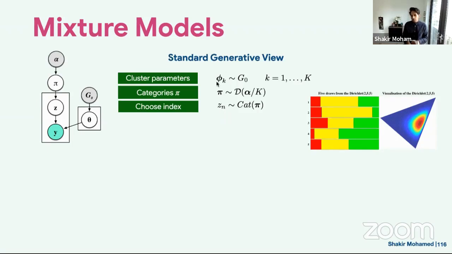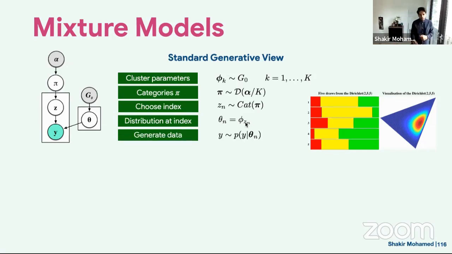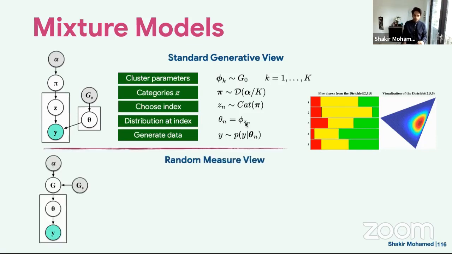And then I'll pick up those particular sets of parameters, and then you're going to get the parameters theta n by indexing from the set of phi at the index that you chose, and then you generate the data. So this is typically how you would write out a mixture model. It's a very standard view. It's the one in all the textbooks. It's the one we introduce in introductory classes on machine learning, learning about mixture models.